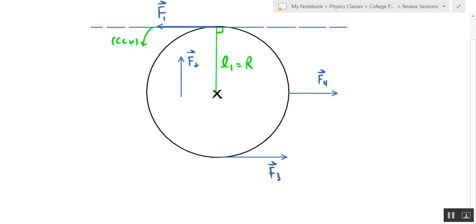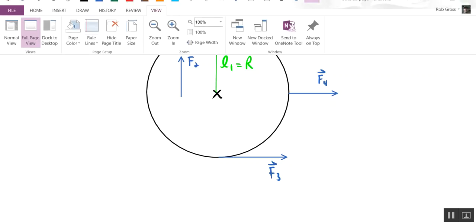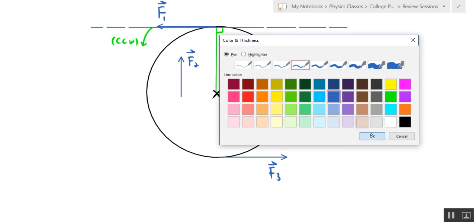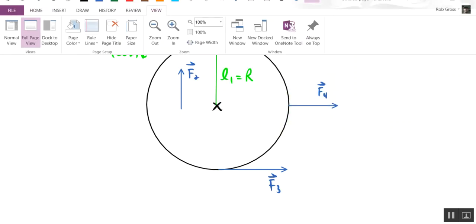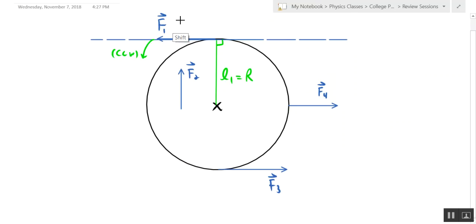Okay, so that's F1, correct? Now I'm going to do the same thing for F2. The first thing I'm going to do is draw the line of action. It's going to get a little bit messy, but it's not so bad if you just do it step by step. I always miss the force. Okay, it's there. So this is your line of action.